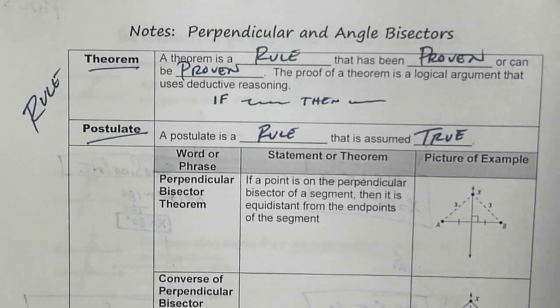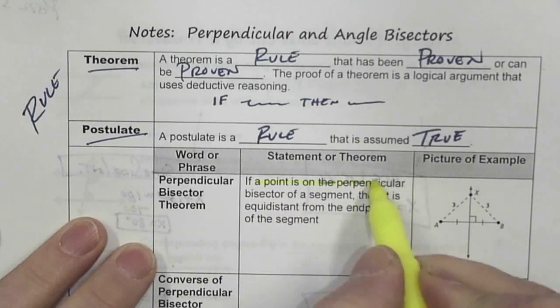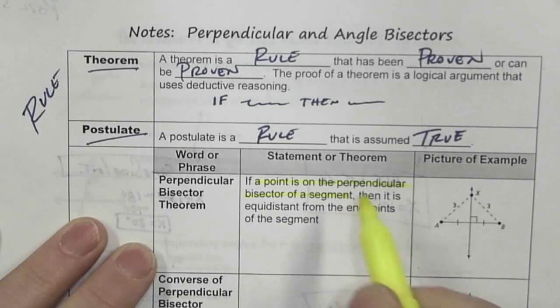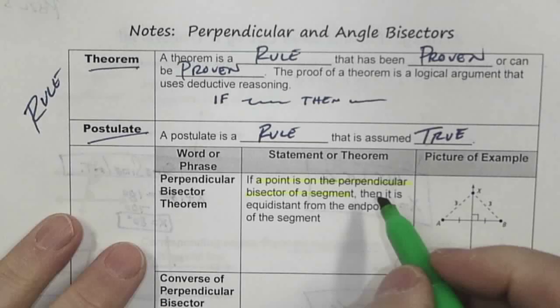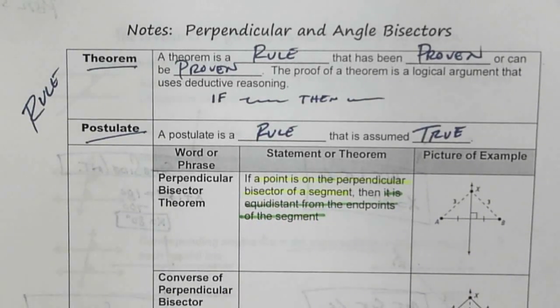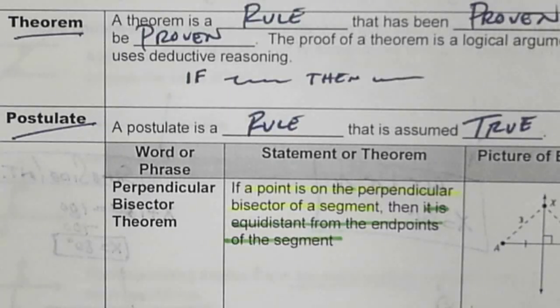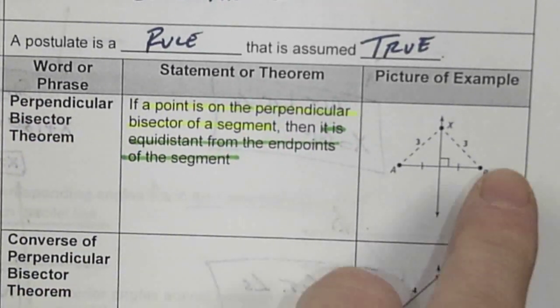In this case, here's the first part: if a point is on the perpendicular bisector of a segment, then, second part, it is equidistant from the segment's endpoints. It's basically, we're gonna match things up. I don't need to know this theorem unless I'm doing proofs so much.